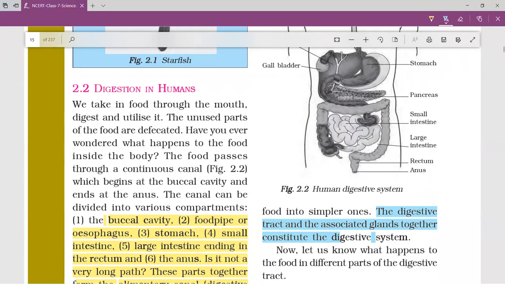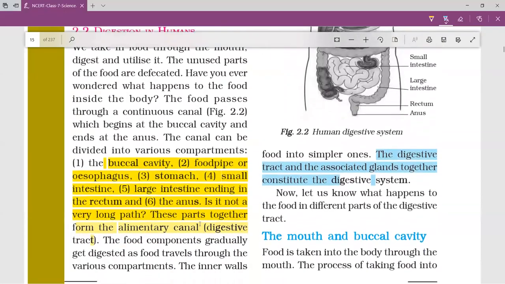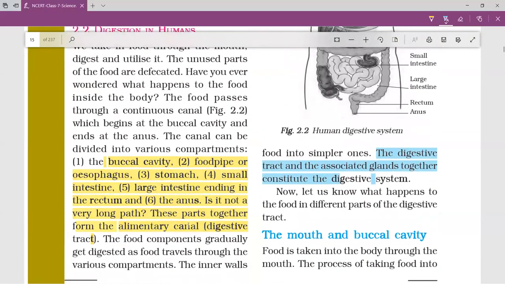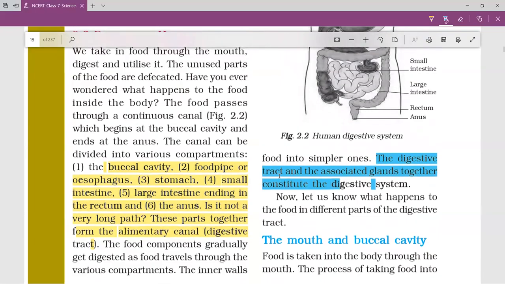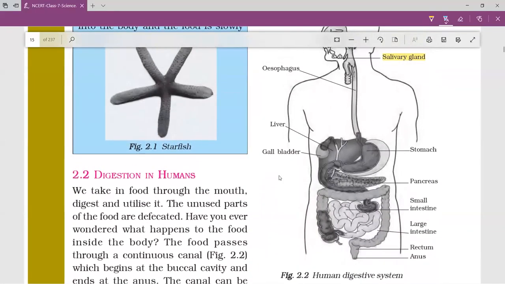Just see what the parts are: buccal cavity, that is our mouth, food pipe or esophagus, then stomach, then small intestine, large intestine, which ends in the rectum, and the last part is the anus, through which we throw out the undigested food. All these parts make the digestive tract or alimentary canal.